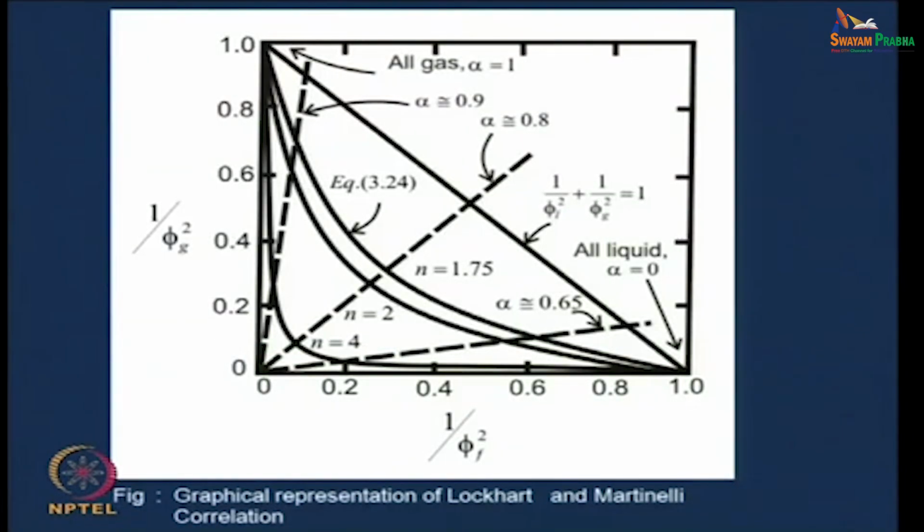Okay. So, accordingly, phi L square and phi G square have been evaluated, and Lockhart and Martinelli had basically given a graphical correlation between the two. 1 by phi G square and 1 by phi L square have been plotted, and we obtain a graph something of this sort, which gives you curves for different values of n, where n is the Blasius coefficient in the equation f equals k Re to the power minus n. n equals 1 naturally means laminar flow, and other values of n refer to turbulent flow, and we find that we have obtained a family of curves in this particular situation.